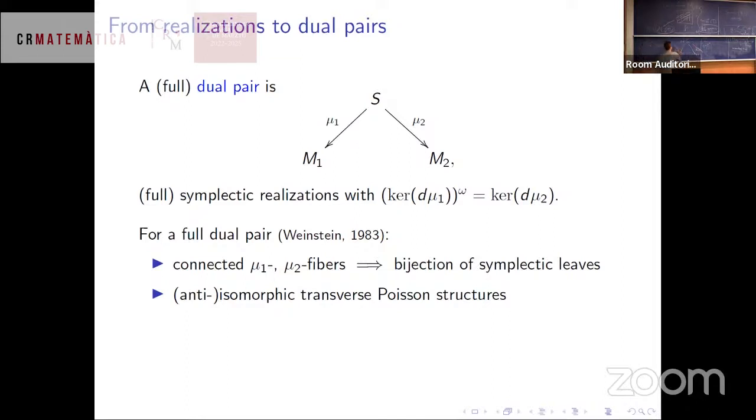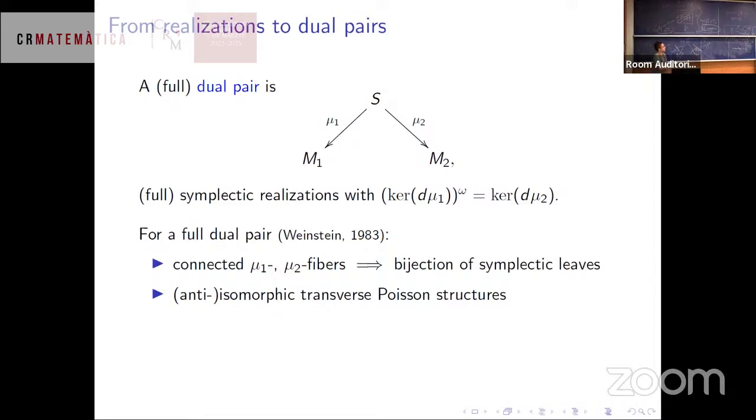Remember, the leaves are in correspondence, right? So to the leaf here there corresponds a leaf here. Now you can look at the transverse direction, and they are isomorphic, perhaps up to a sign, whatever. Okay? And of course, so are their linearizations. So this isotropy Lie algebra that we found transverse to any symplectic leaf, they are isomorphic.